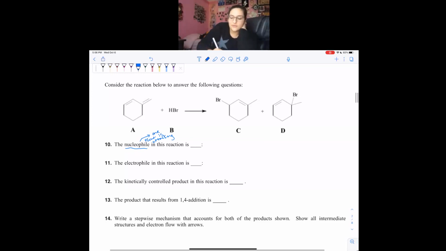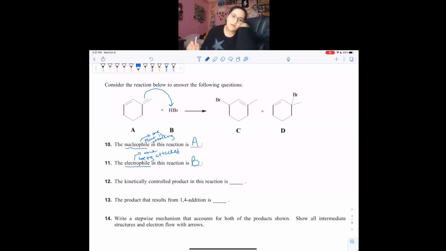Yes, A is going to be the nucleophile because it attacks the hydrogen. And then number 11, the electrophile. The electrophile is the one that is being attacked. So which one is the electrophile? B. Yes, I agree.